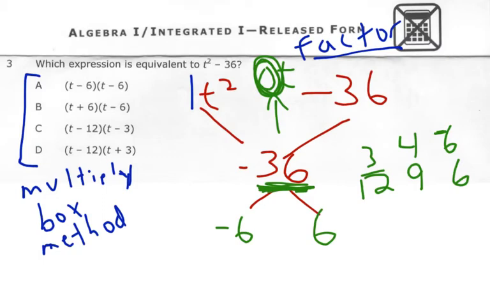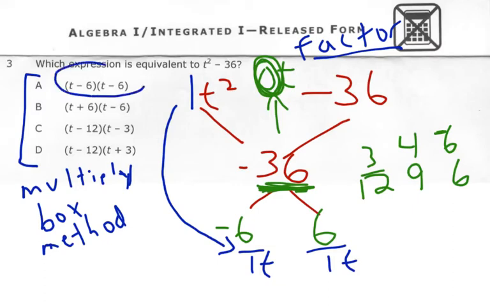Now we write it over our lead coefficient. Well, my lead coefficient here is 1, and it's 1t is how I'm going to write it. So you just put the lead coefficient on the bottom, and then we can write this in the form t minus 6, t plus 6.